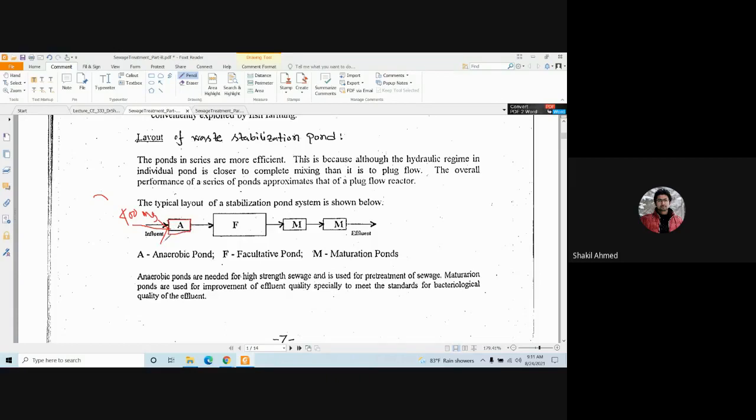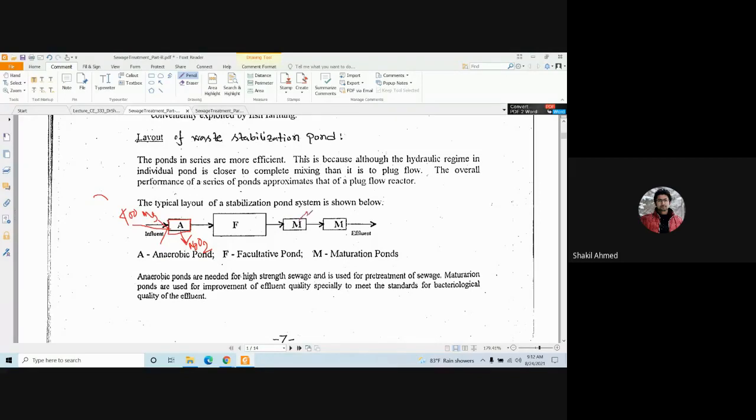Now, since the strongest or highest load is imposed here, all the oxygen can be consumed by the bacteria to oxidize such a high load of BOD. That means there is no oxygen. As it moves forward, it has already been treated.